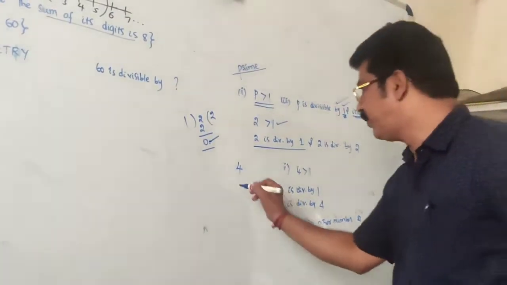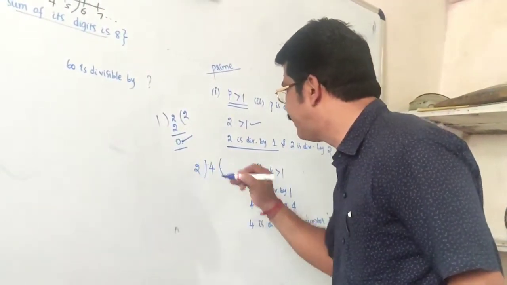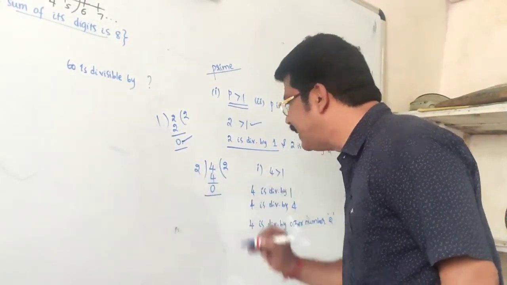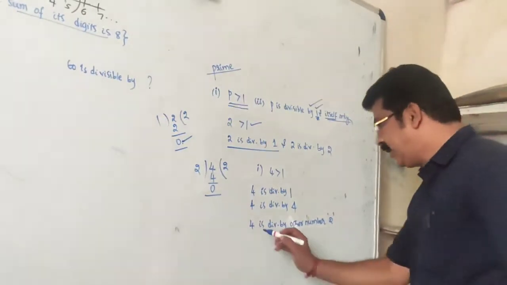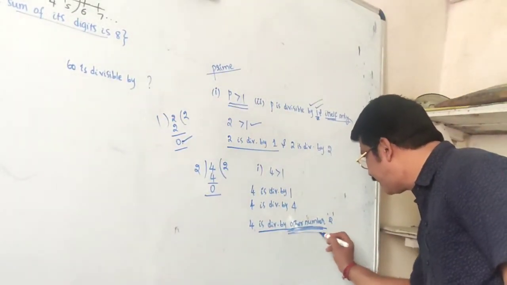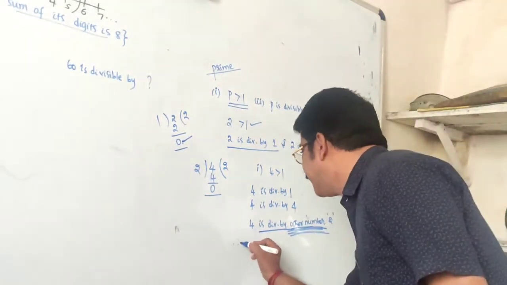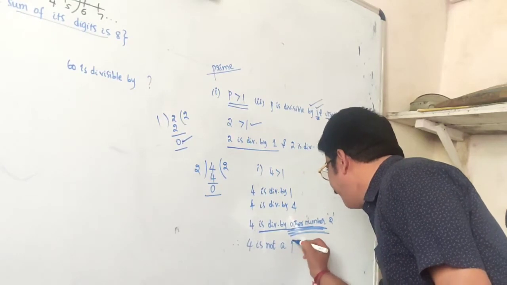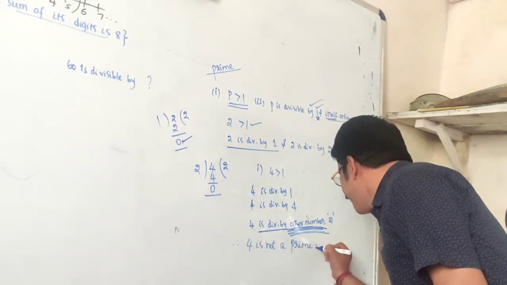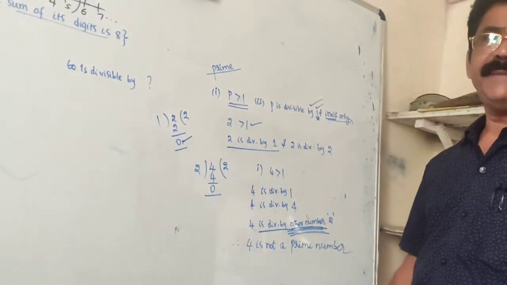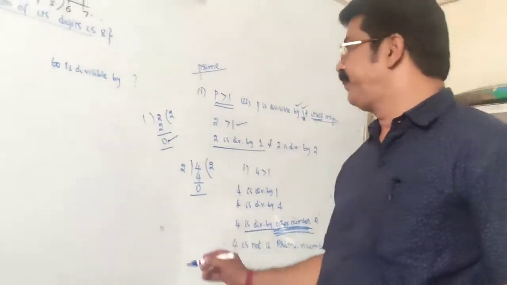How? Let us take 4 divided by 2. 2 2s are 4. Remainder 0. So therefore 4 is divisible by another number. Therefore 4 is not a prime number.